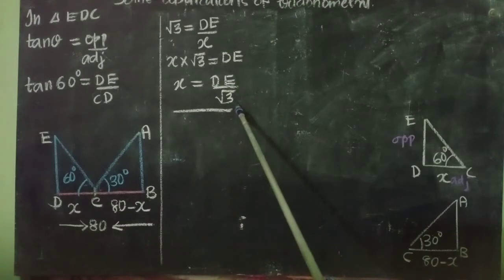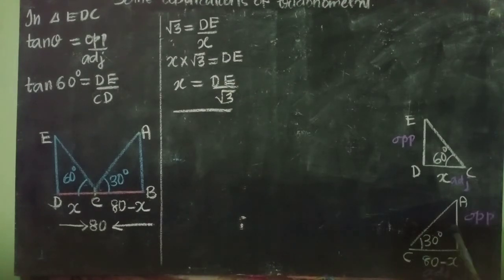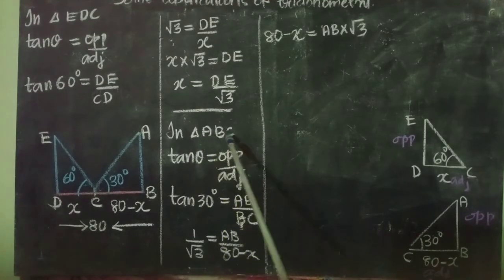Now consider the second right triangle ABC with the acute angle 30 degree. AB is the opposite side and BC is the adjacent side. It is 80 minus x. Let us take the ratio. In triangle ABC, tan theta equal to opposite side by adjacent side.